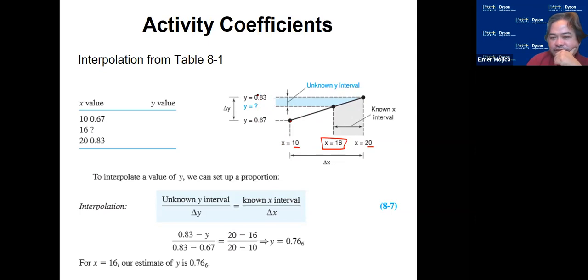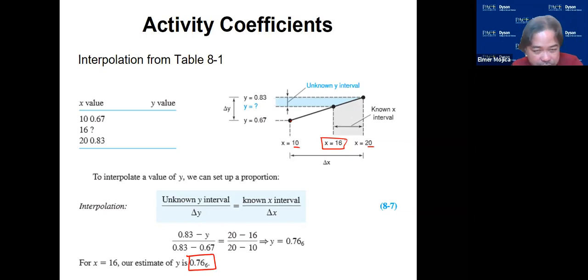Here he used the larger value where X equals 20 and compared it with X equals 16, so they get the corresponding Y value and end up with this one. So these are the different ways to determine the activity coefficient.